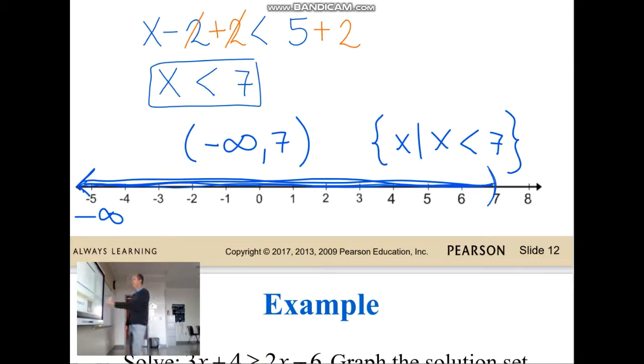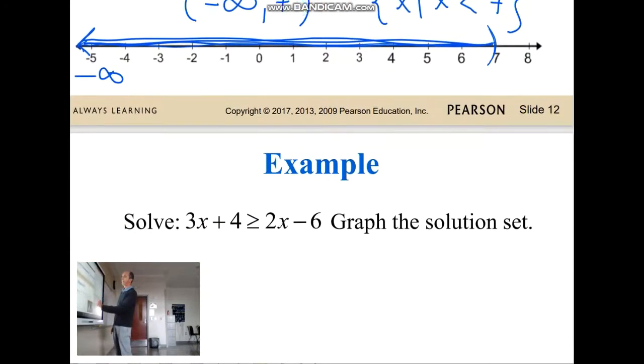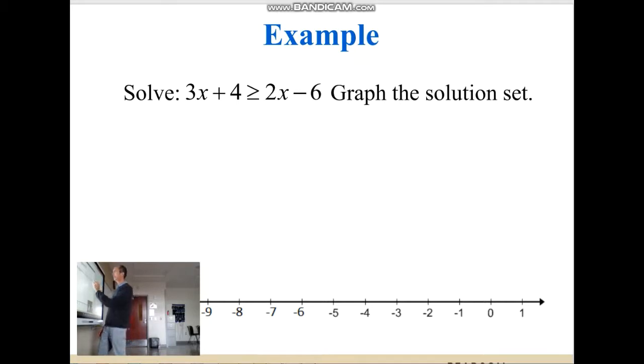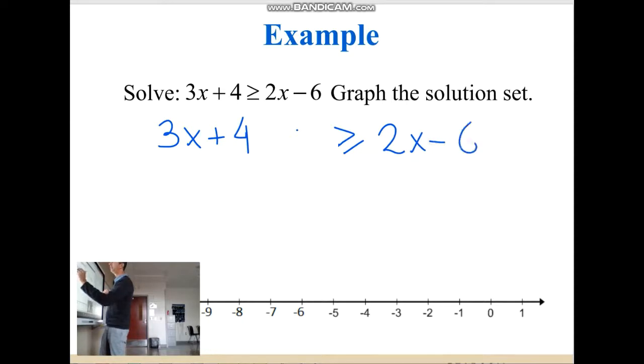Next example, solve this inequality here: 3x plus 4 greater than or equal to 2x minus 6.